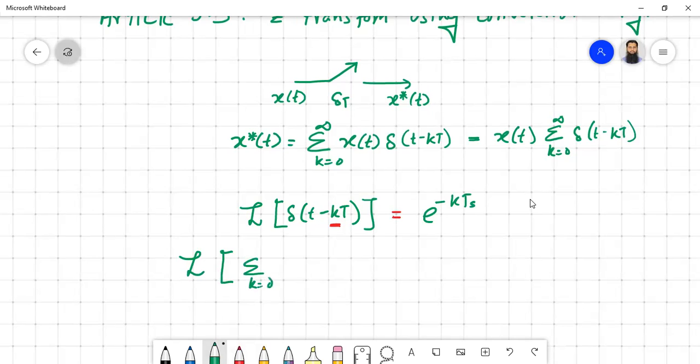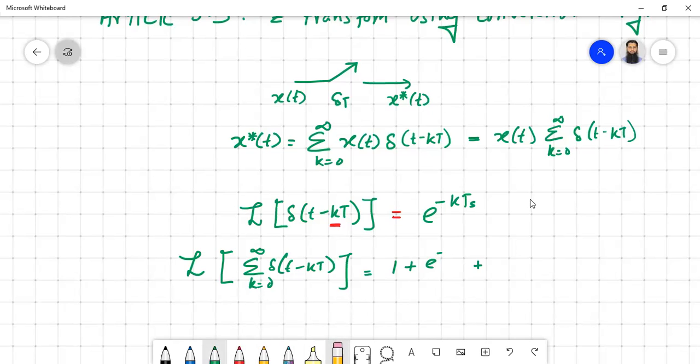It will be just a series, nothing else. The first one is delayed by kt, so e to the minus kts. Sorry, k is ranging from 0 to infinity. Since we're writing the series, it is better to write in terms of numbers.